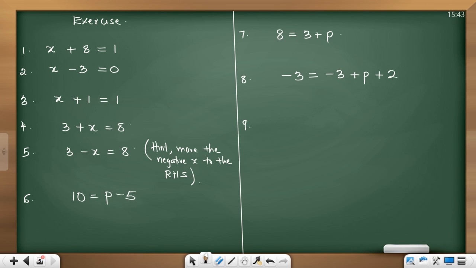Let's change the variable. Let's look for p or b. And the last one, let's look for y.